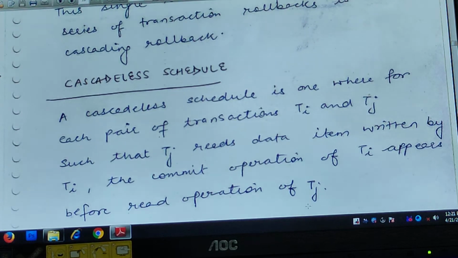If Tj is reading a value written by Ti and Ti has committed, then there is no chance of its failure. If Tj reads the value after the successful commit of Ti, we need not roll back Tj because of Ti. Ti has successfully committed and Tj is reading a consistent and valid value written by Ti, a committed transaction.